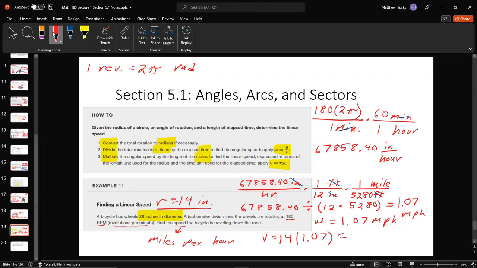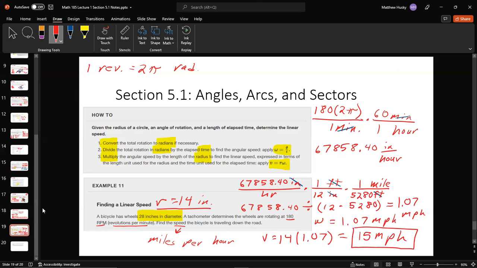It's basically 15 miles per hour. So the bicycle is going 15 miles per hour. It's 14.99, so basically 15.